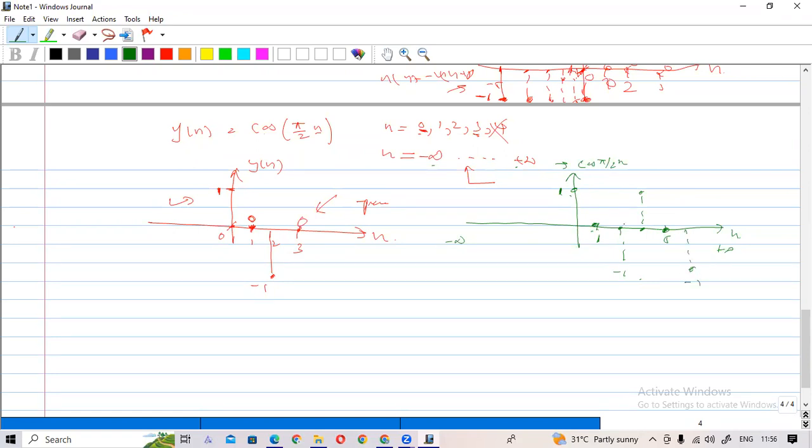Okay, so your signal is like this. This will be 1, this will be 0, this will be minus 1, and again this will be 1, this will be minus 1. In this direction also it will be the same pattern. The first minus 1 will be 0, minus 2 will be minus 1, minus 3 will be 0 again, minus 4 will be 1 again.